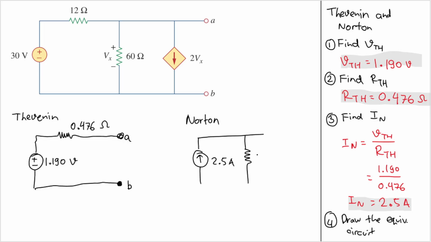Because the Norton and Thevenin resistances are the same. So I'll have 0.476 ohm, and this is terminal A, and the bottom one is terminal B. And so we get our goal.